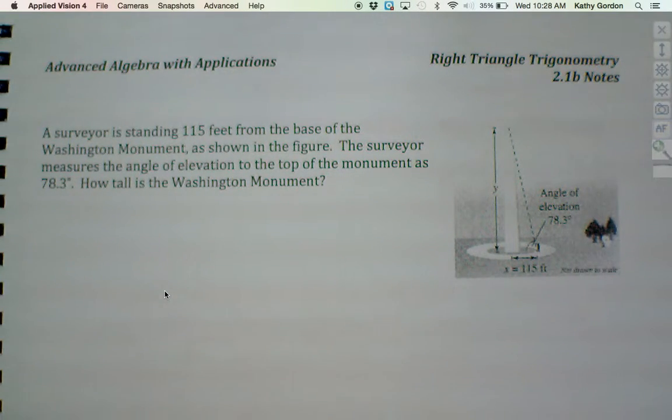All right. So today we want to extend our understanding of how to work with right triangles to things that are a little bit more real life oriented. So if you look at your 2.1b notes page, you see 2 word problems there that we're going to take a little time to work on.